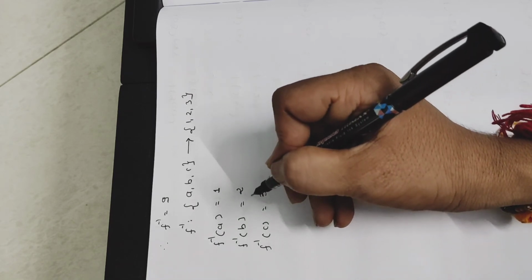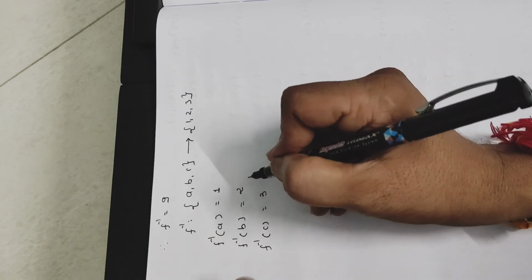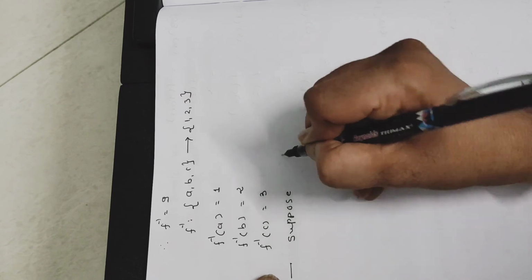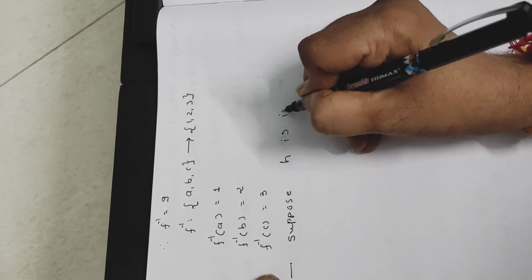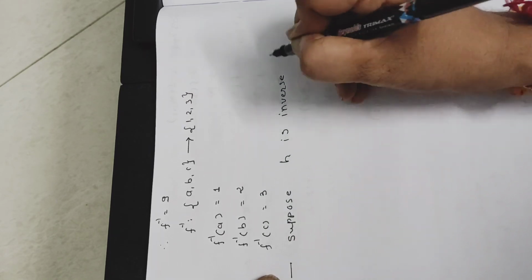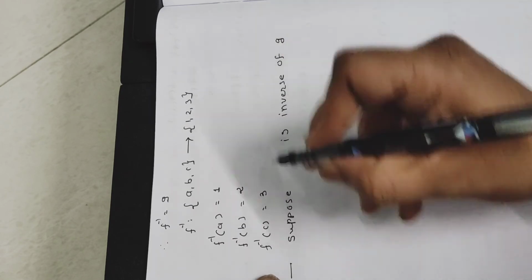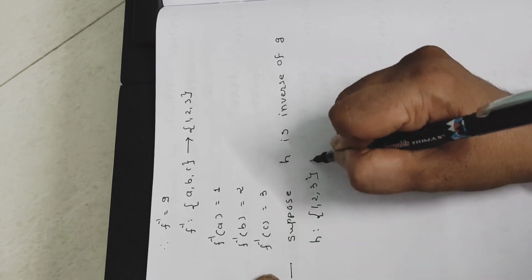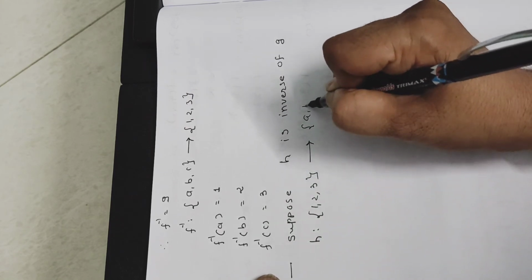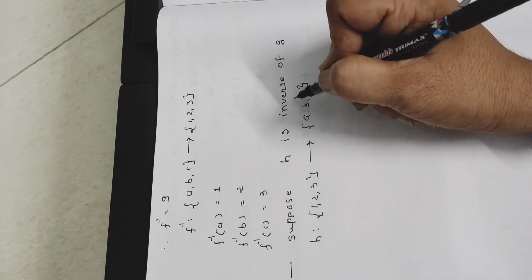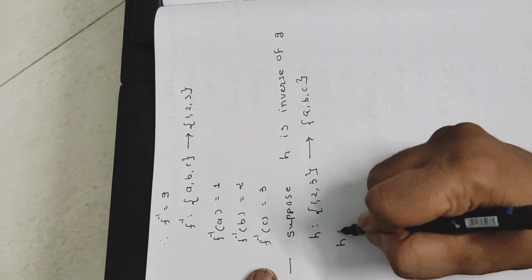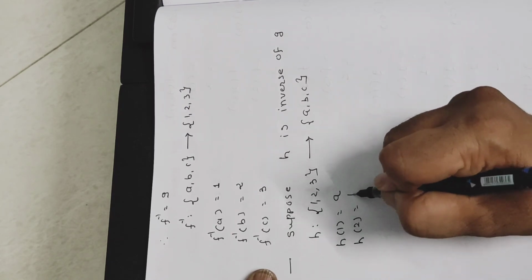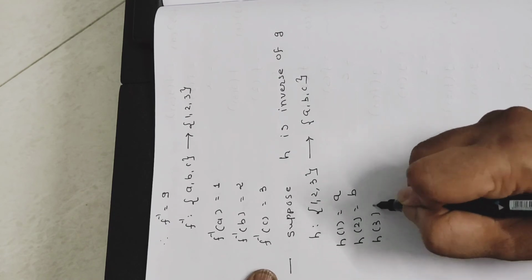Suppose h is an inverse of g, and h is from {1, 2, 3} to {A, B, C}, where h(1) is equal to A, h(2) is equal to B, h(3) is equal to C.